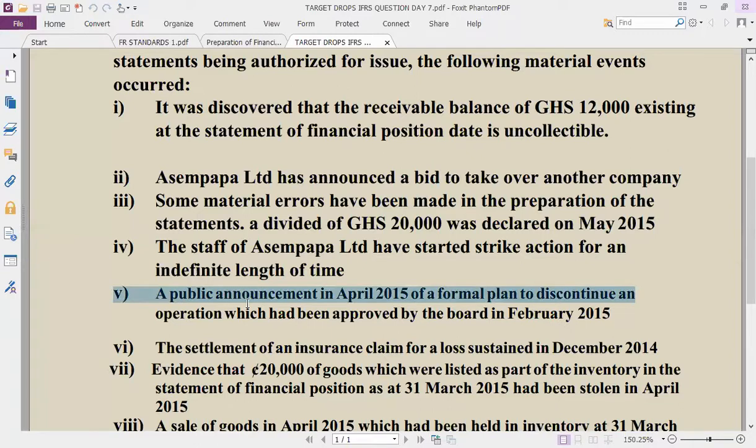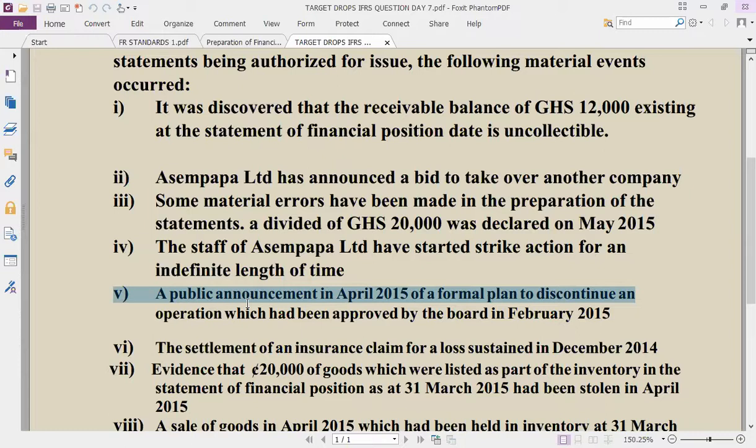A formal plan to discontinue an operation is an example of a non-adjusting event. If you are planning to stop running a certain product or service, after the reporting period, you make that decision, it is a non-adjusting event. How do you get it?